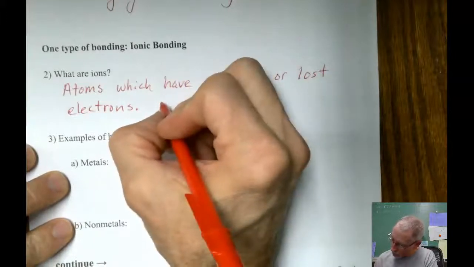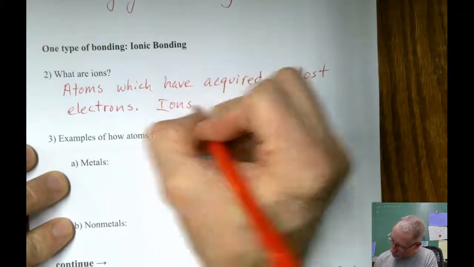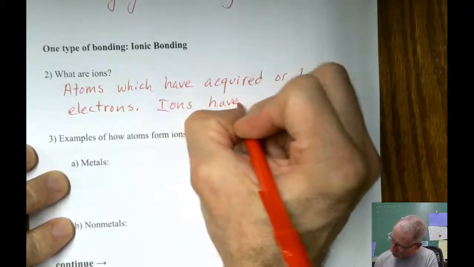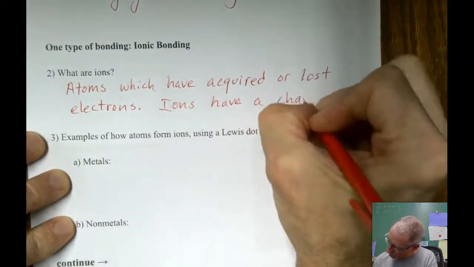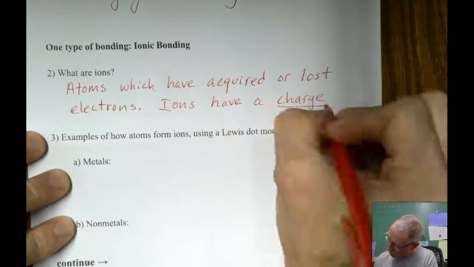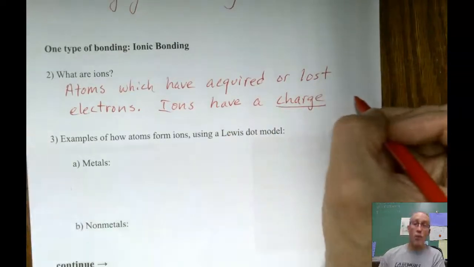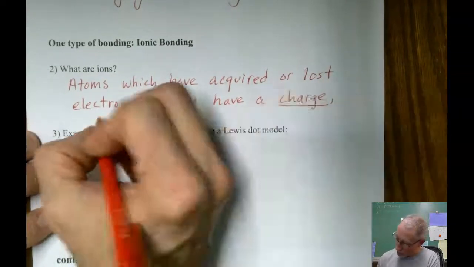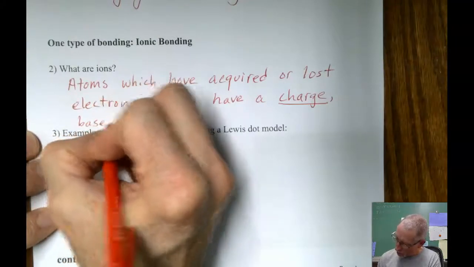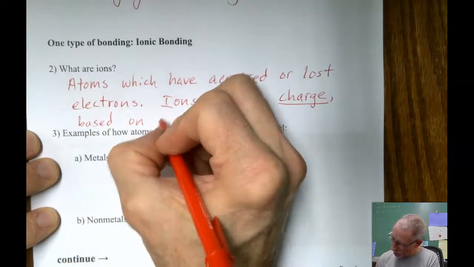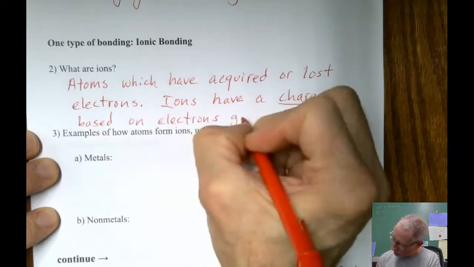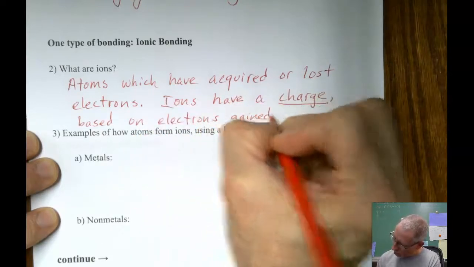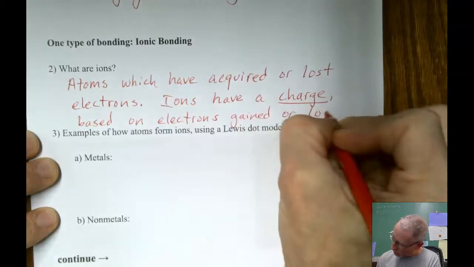So ions have a charge. So it's a very important property of the ion, based on electrons gained or lost.